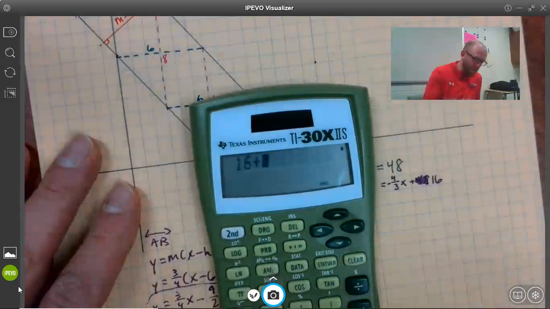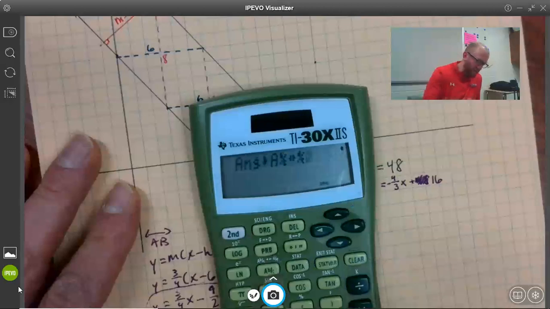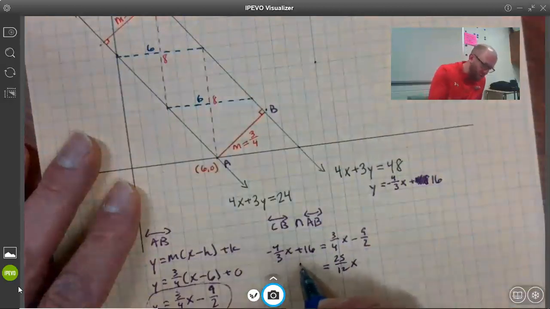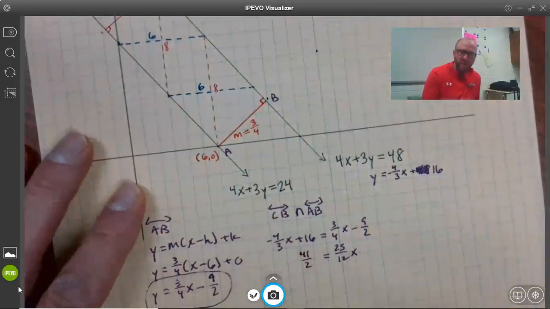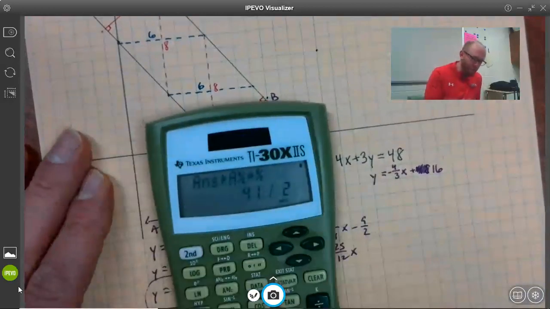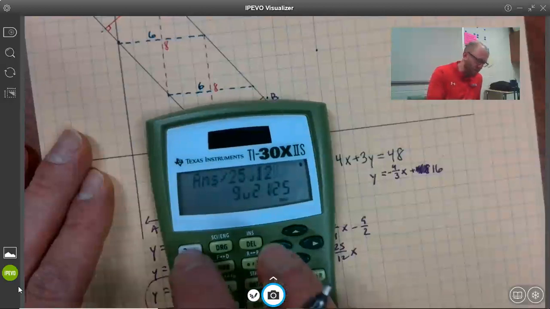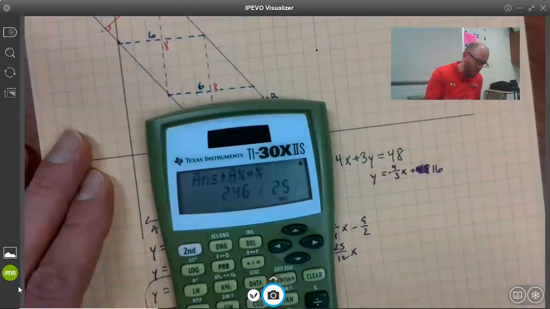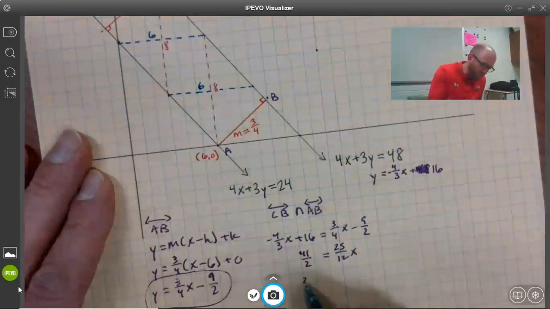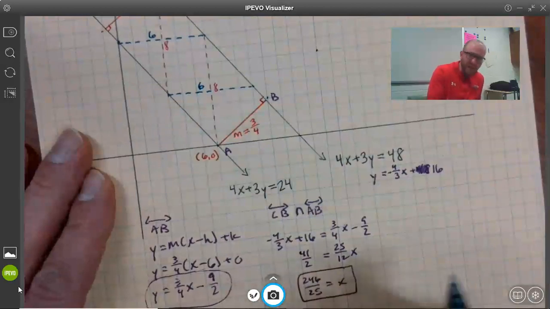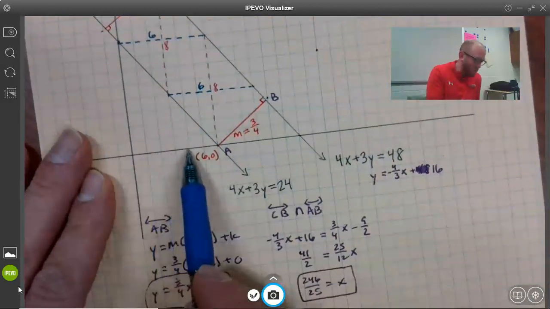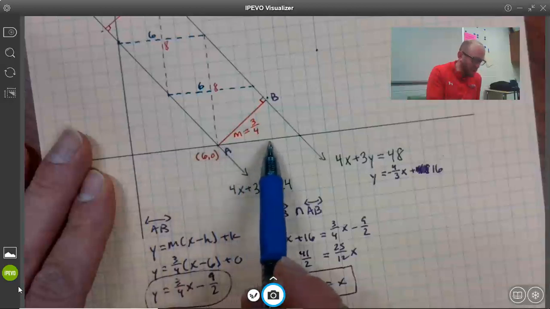So 16 plus 9/2, which is 20 1/2, is 41/2. I'll divide both sides by 25/12. Dividing by 25/12 gives us 9 21/25, which is 246/25. And let's see if that pans out on the graph. 1, 2, 3, 4, 5, 6, 7, 8, 9, and almost 10.